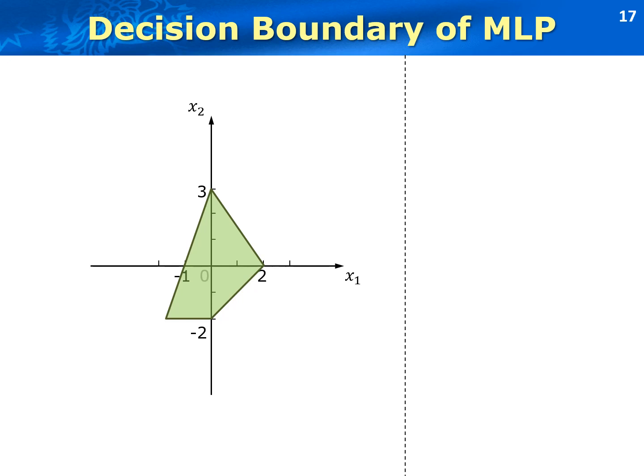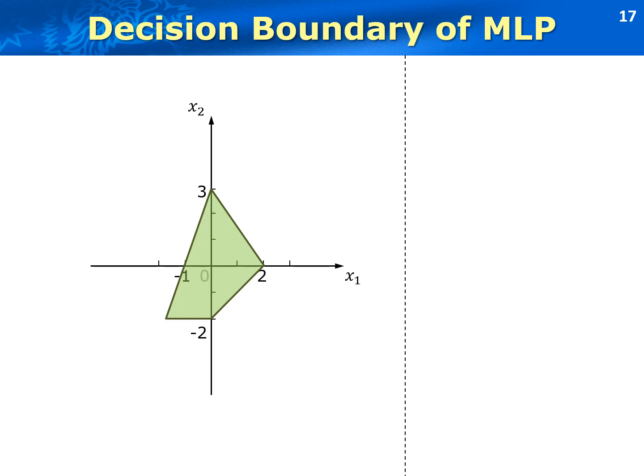For example, to represent the following positive green region, whose boundary is a quadrilateral, we can construct a multi-layer perceptron with 4 perceptron units, denoting 4 sides of the quadrilateral respectively.